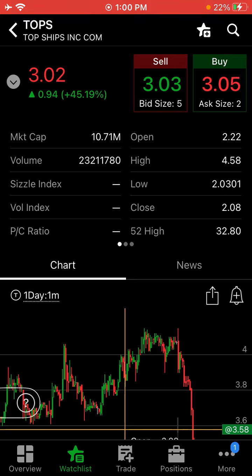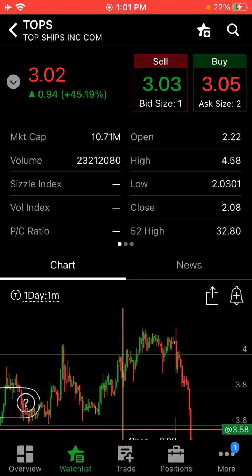So even though right now it's after hours, you can see the bid and the ask are 3.03 and 3.05, right? The market cap isn't moving anymore because the market closed.